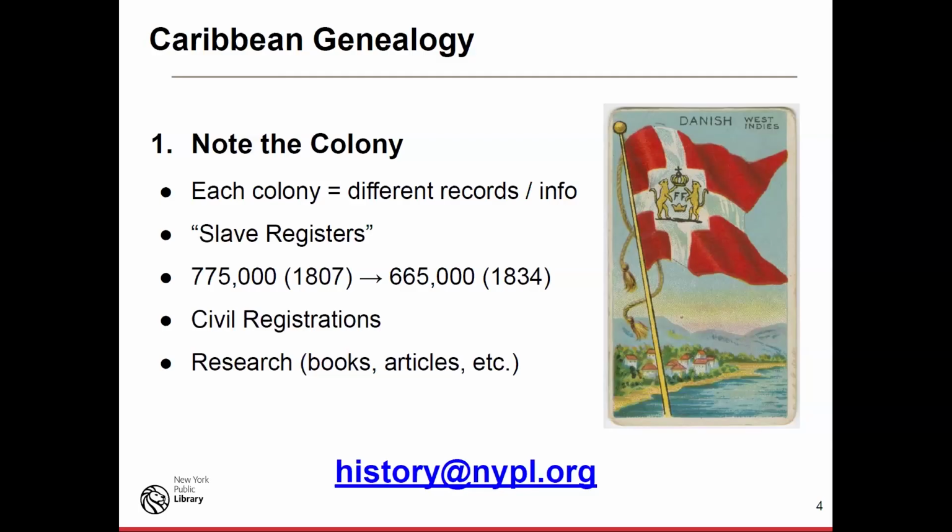And then that'll give you a sense of what information is in those records, because not only are the records collected differently, but the types of information in these records can take a lot of different forms.